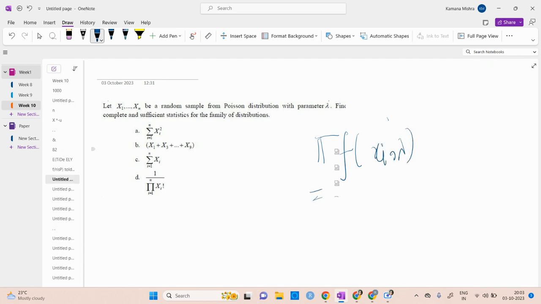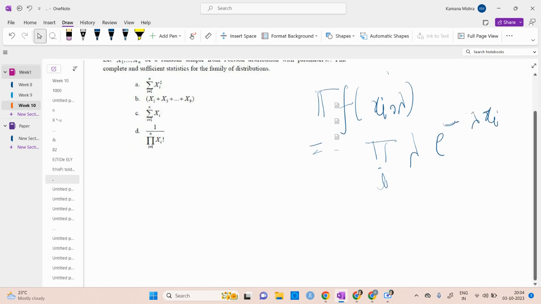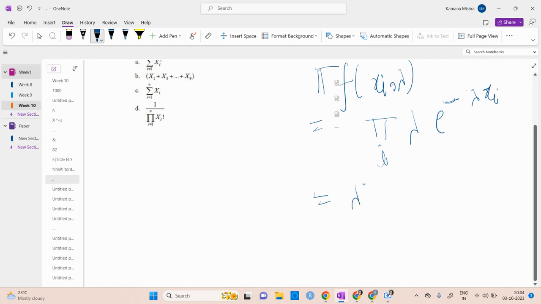So f(xi, lambda) will be what? Lambda to the power xi e to the power minus lambda, right? So it will be nothing but lambda to the power summation xi, e to the power minus n lambda, right?